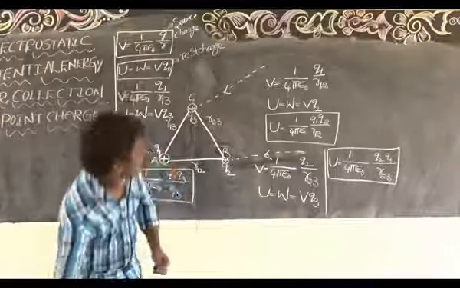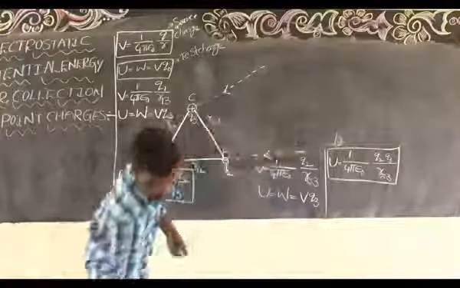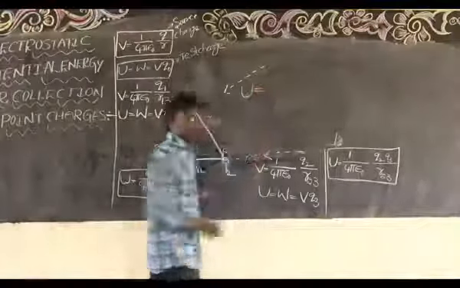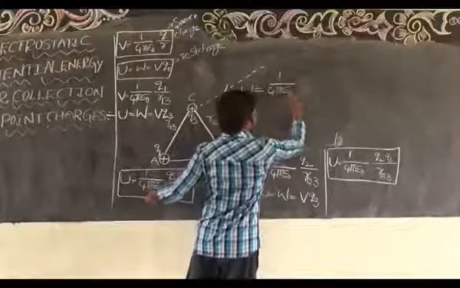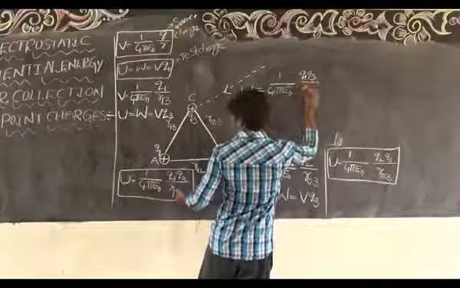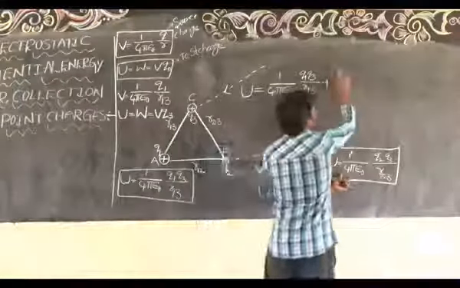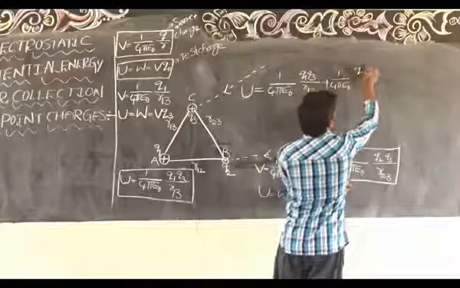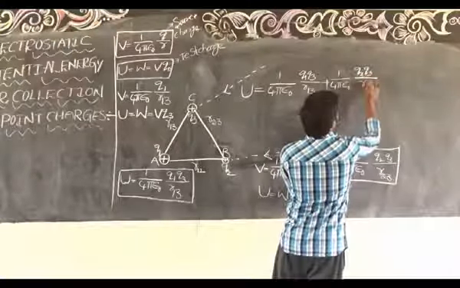Now, see here, total electrostatic potential energy at point C is U is equal to 1 by 4 pi epsilon naught into Q1 Q3 by R13 plus 1 by 4 pi epsilon naught into Q2 Q3 by R23.